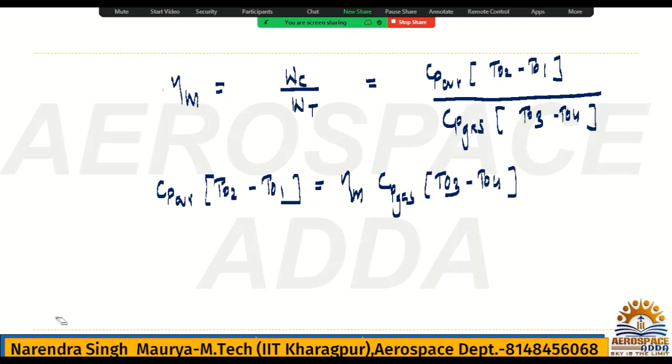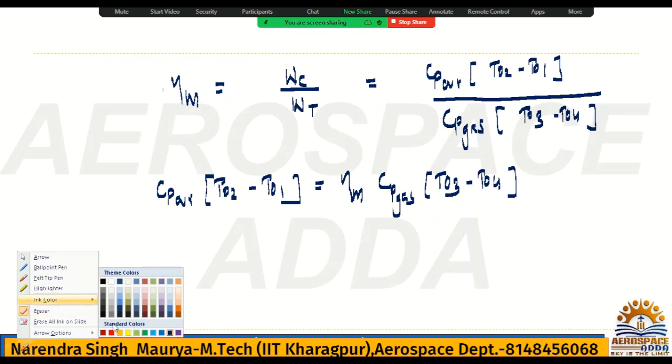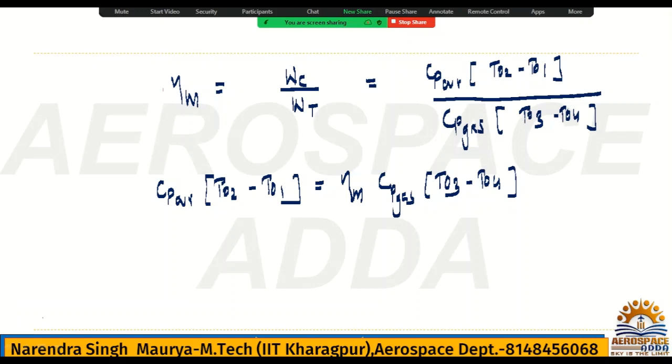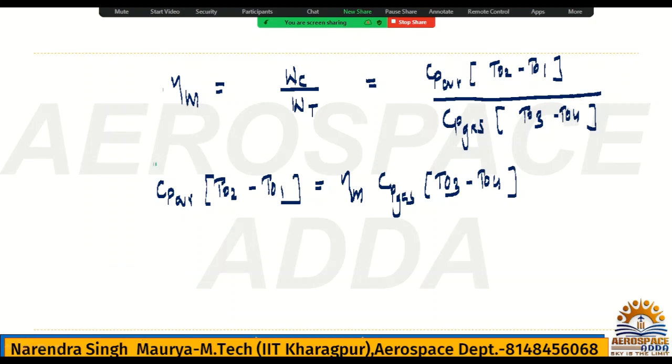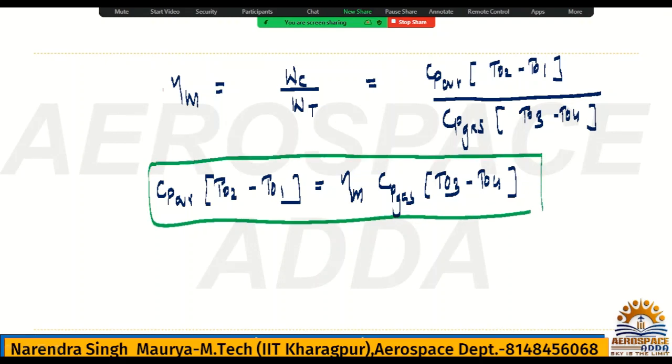See, this mechanical efficiency basically develops the relation between the work produced and the work absorbed. That's the reason I told you, if you want to calculate any value for the compressor and the turbine values are given, you can get that compressor value. Or if compressor values are given and you want to calculate turbine values, with the help of this relation it is very easy to get that value. Done.